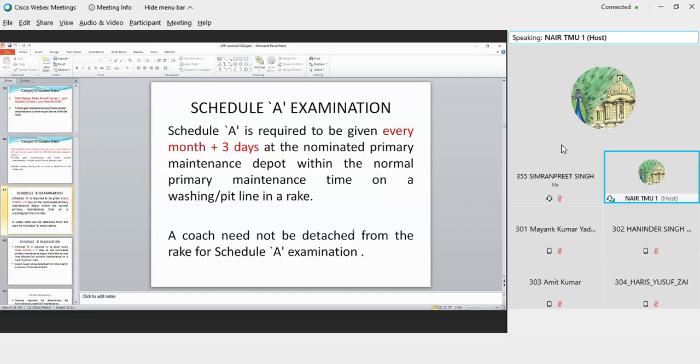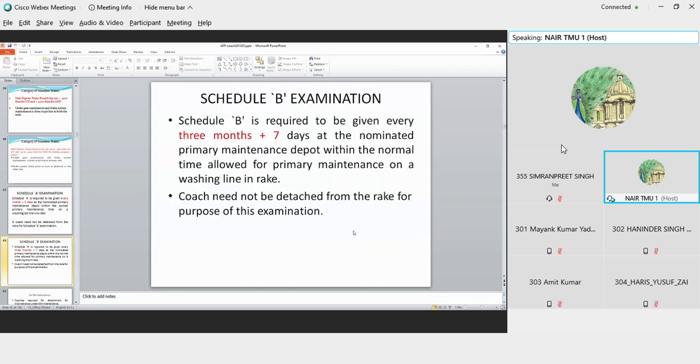The coach need not be detached from the rake formation. Some more items are covered under Schedule A. Say in Schedule A, we will also paint the interiors, we will replace the panels. So the level of attention in Schedule A is higher than the primary maintenance.